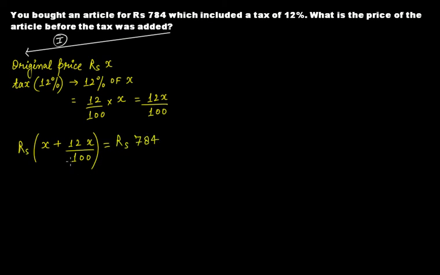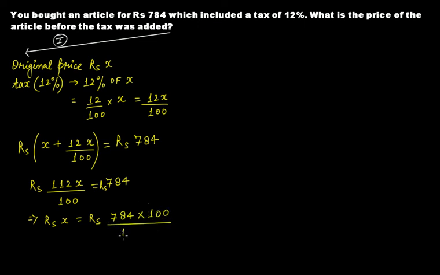Now if you solve for this x, from here you get rupees 112x divided by 100, this is equal to rupees 784. From here if you solve for x, you get rupees x is equal to rupees 784 multiplied by 100 divided by 112, right?